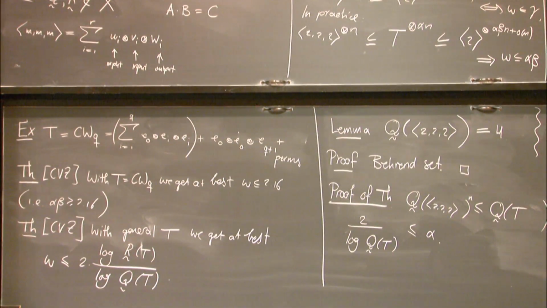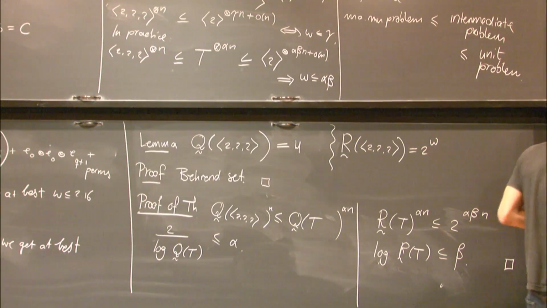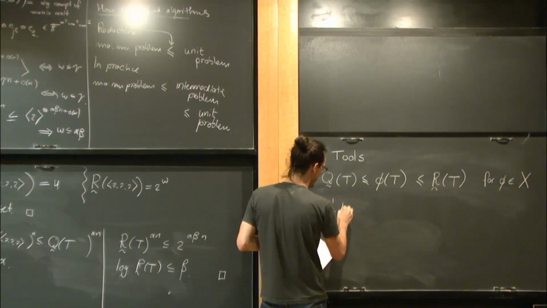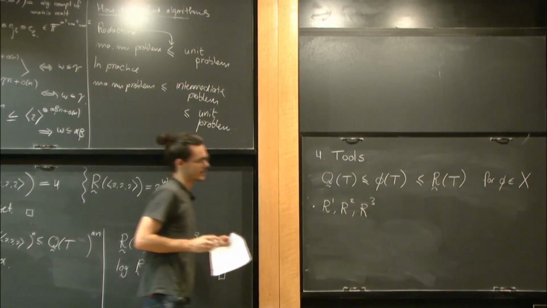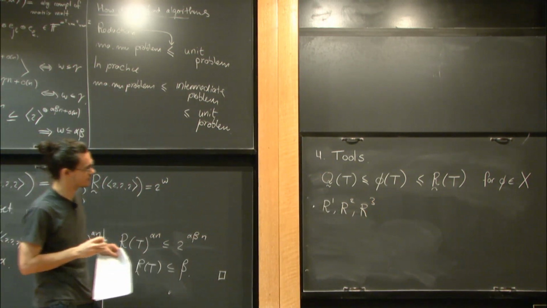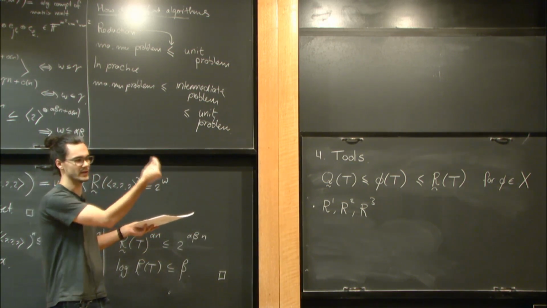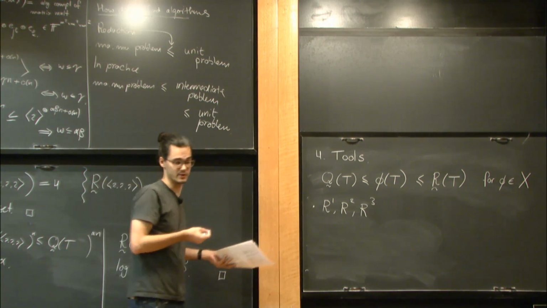And last time I mentioned 3 elements in X. They were the flattening ranks, so let me write them as R1, R2, and R3. So how do you find those? You take your tensor and you group two of the indices together to make it a matrix. And then you take the matrix rank.